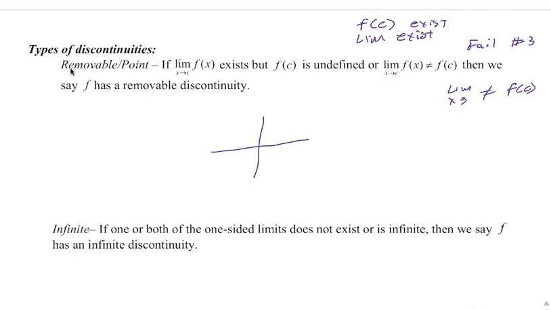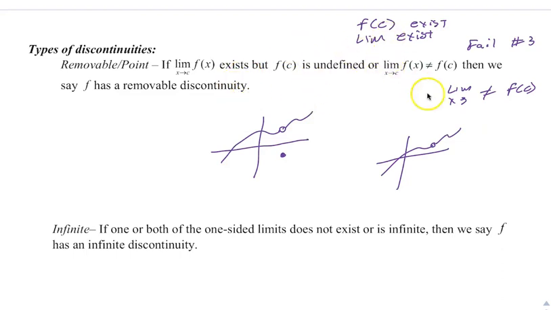We call this a removable discontinuity. So something like that, you can even not have a value there. So there we go. We call these removable discontinuities because we could fix it very easily. We could just fill the hole in. Just change this equation to make that value there. So these are called removable or point discontinuities.